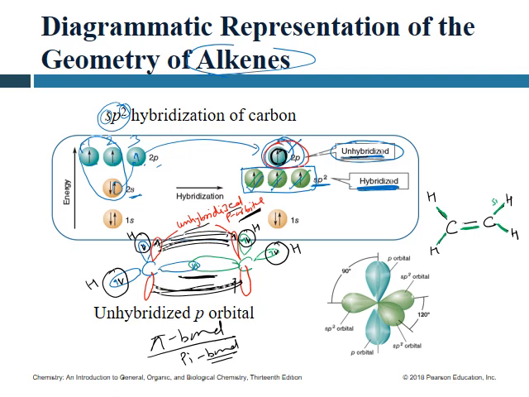And then the second bond is a pi bond, which is made by the unhybridized p orbitals. So you can see the difference.